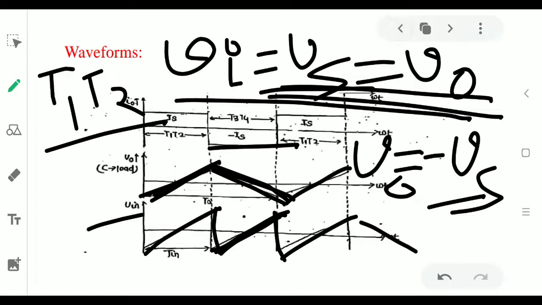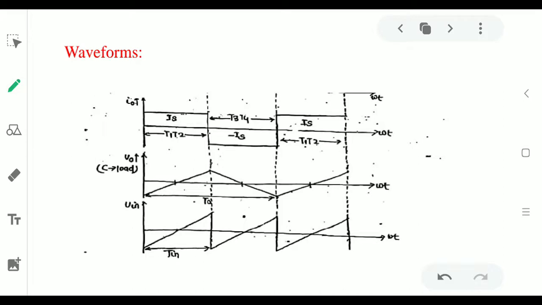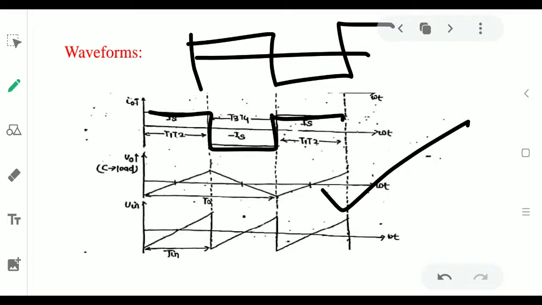Now one more thing. In the voltage source inverter, the voltage waveform was fixed. In the current source inverter, the output current waveform is fixed. Whatever the load is, in VSI the voltage waveform was fixed, and in CSI the output current is fixed. Now what will change? The output voltage.